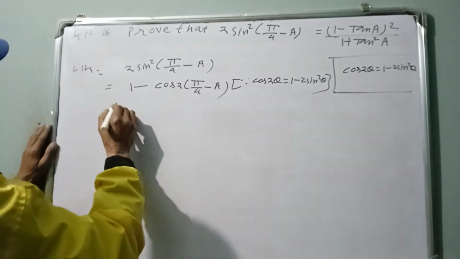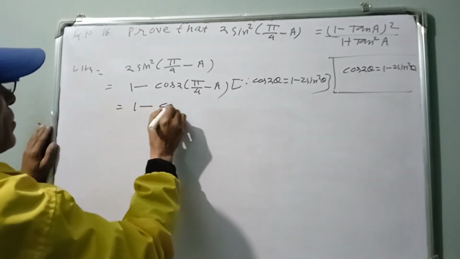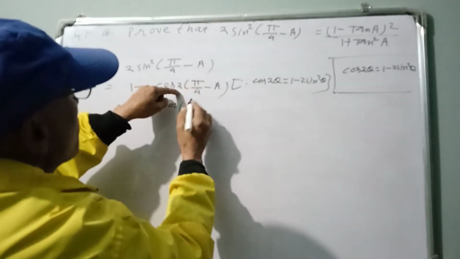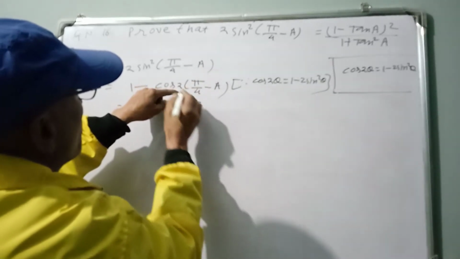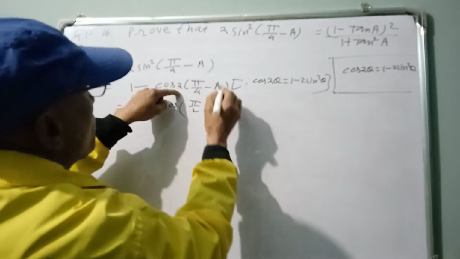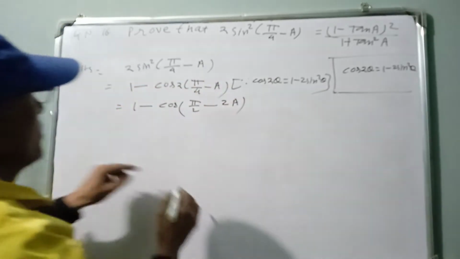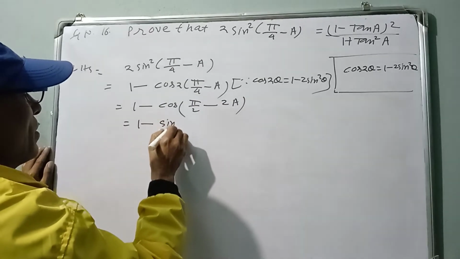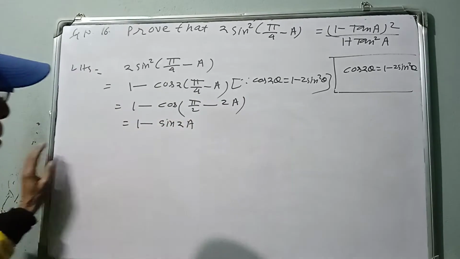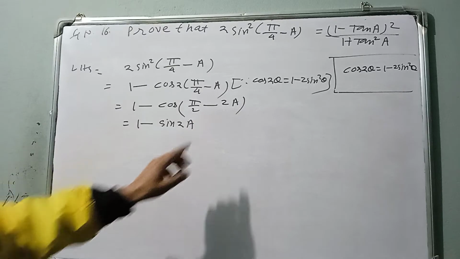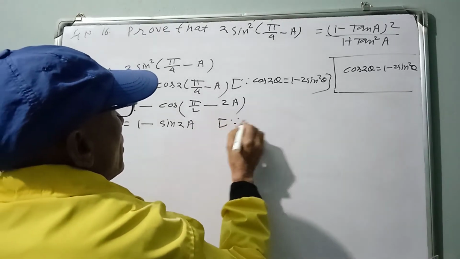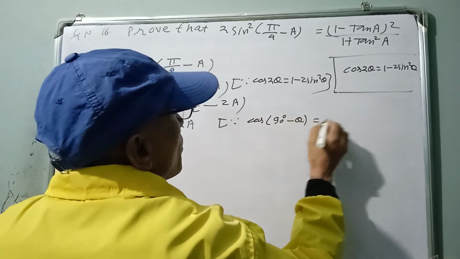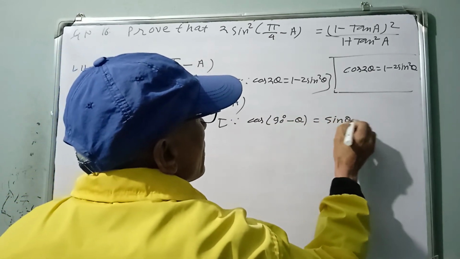This is twice, 1 cos multiplied by 2. 2 into pi by 4 means pi by 2. 2 into pi by 4 minus 2 into A, that is 1 minus cos (90 degree minus 2A), which is sin 2A. Cos (90 degree minus theta) equals sin theta.